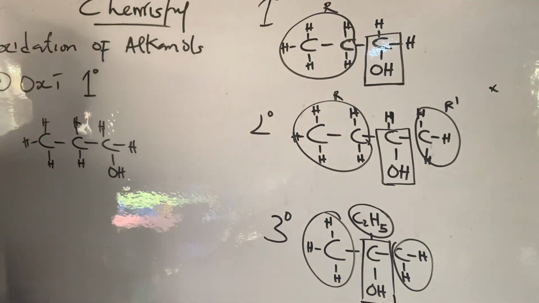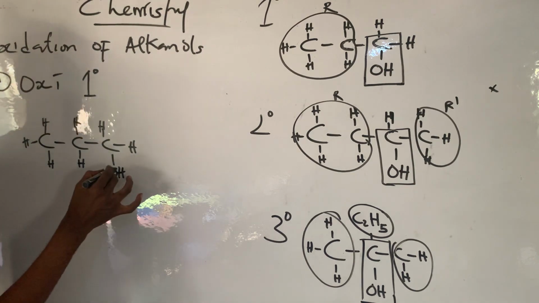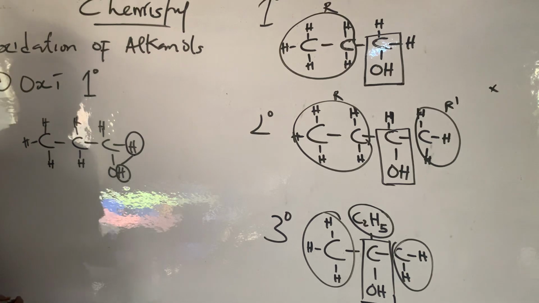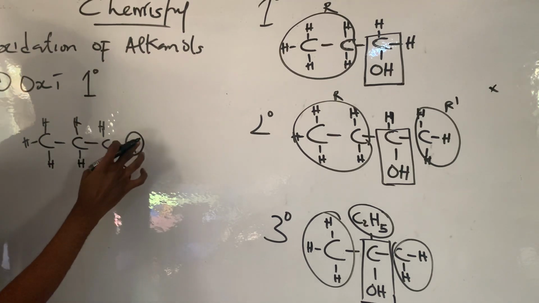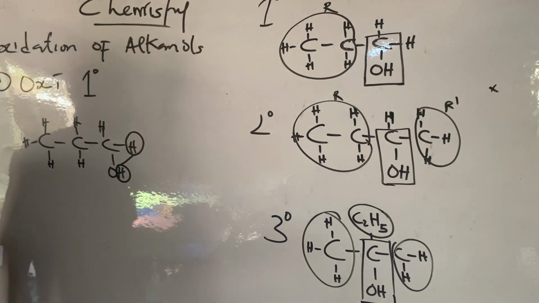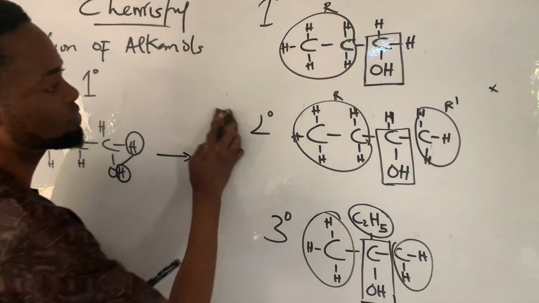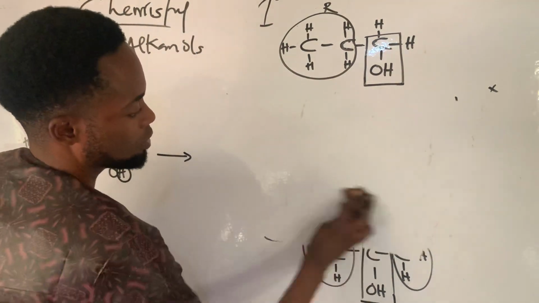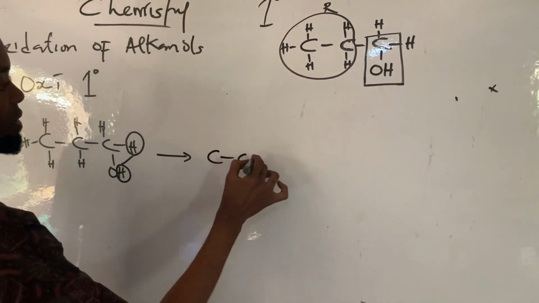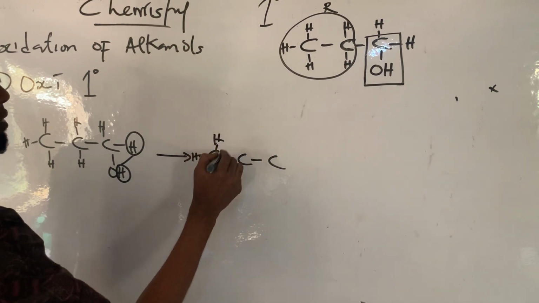Now, here we'll be dealing with removal of hydrogen first. So if you oxidize this, you remove this hydrogen and you remove this hydrogen. Remember, you must remove two hydrogen atoms because hydrogen is diatomic.